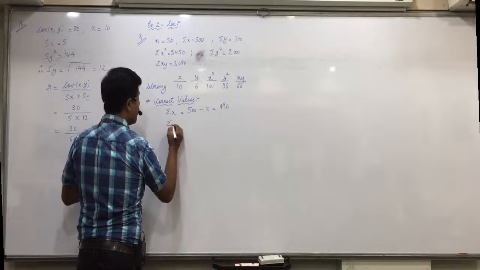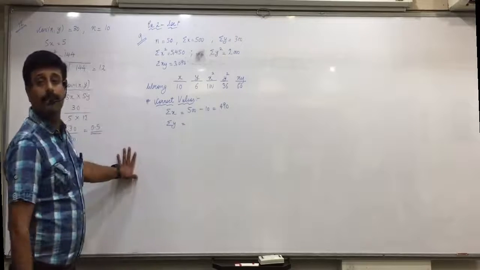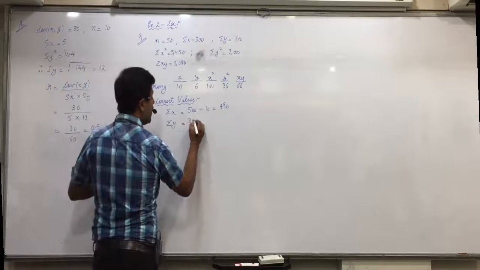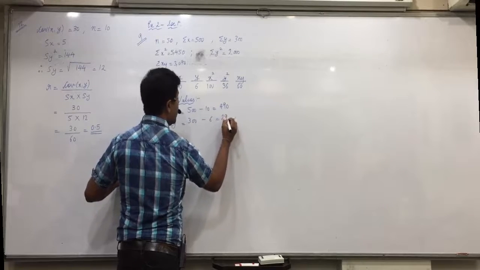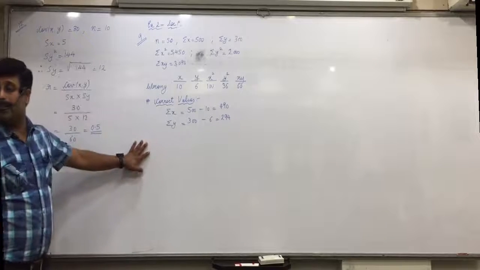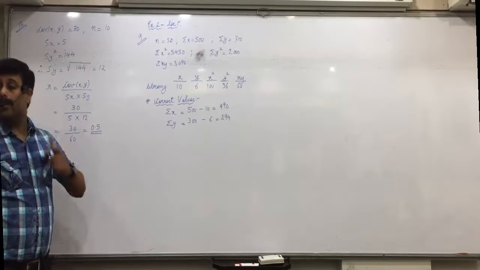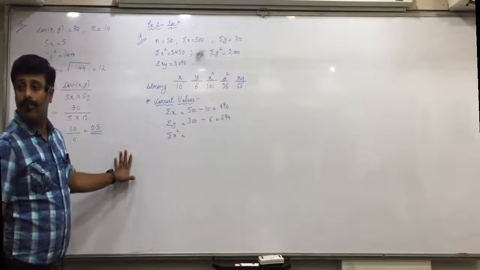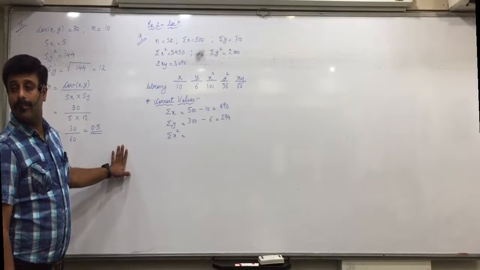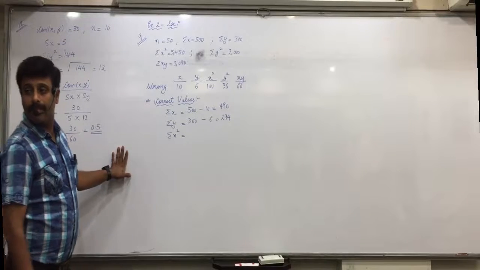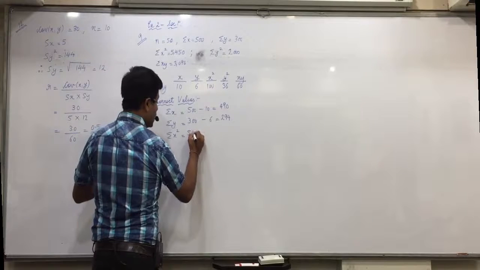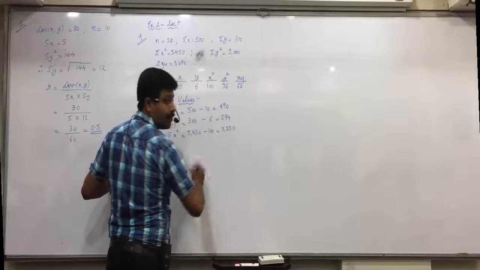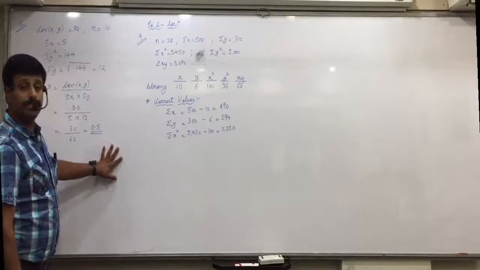Vanshik, sigma y. 300 minus 6, 294. Okay, then Jinal, sigma x square. 5350. How do you get that? 5450 minus 100, 5350.